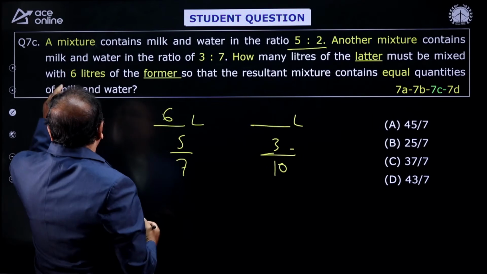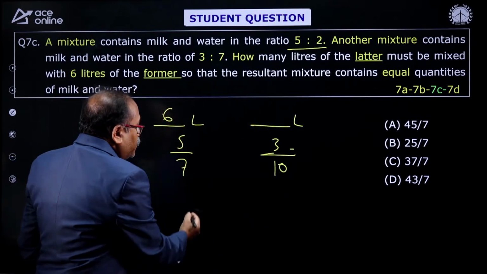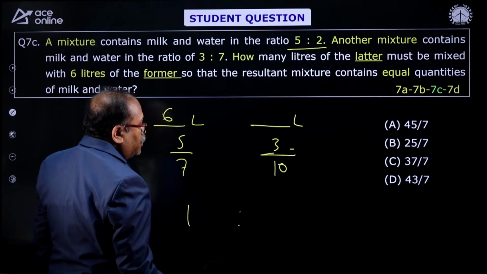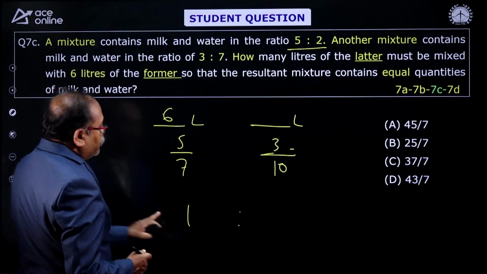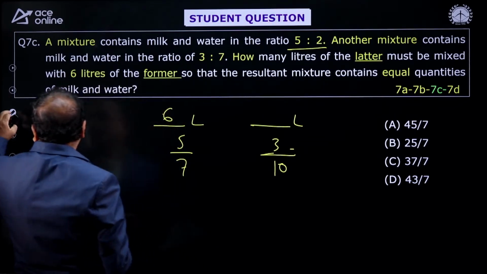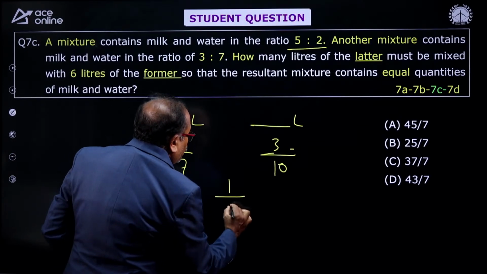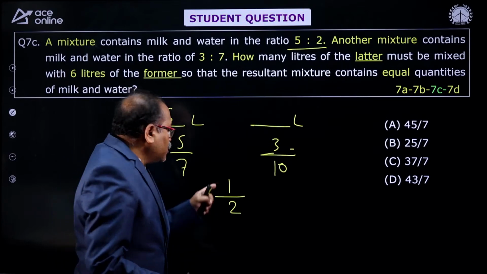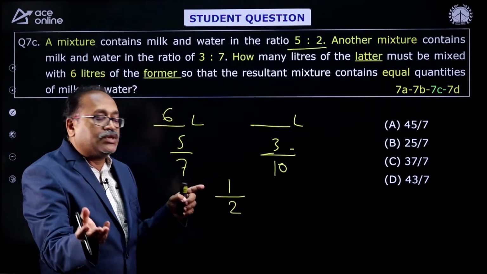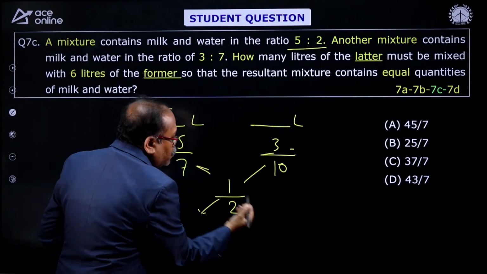And these two should be mixed in such a way that they are equal. Equal means it should be 1/2. So the milk should be 1 part out of the total 2 parts. That means 1 part milk, 1 part water. So I will take the difference over here and the difference over here.